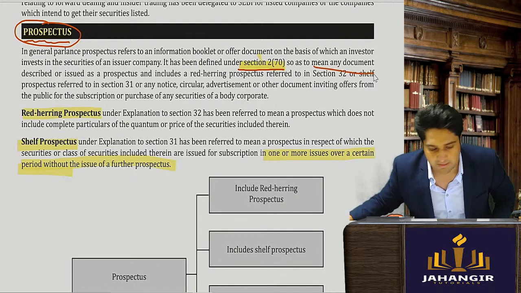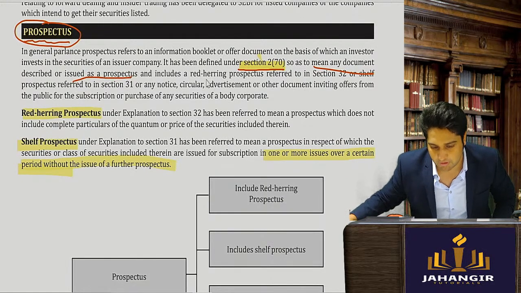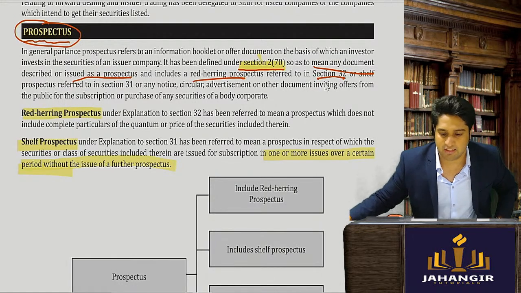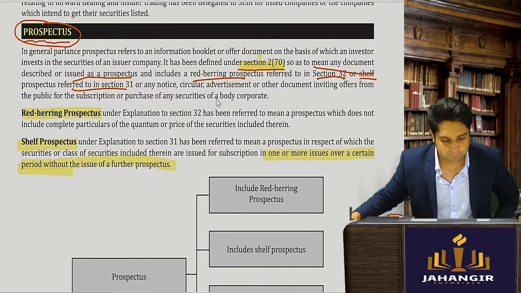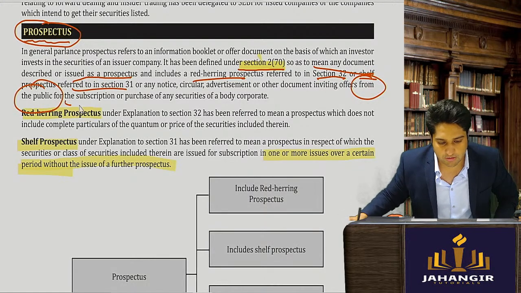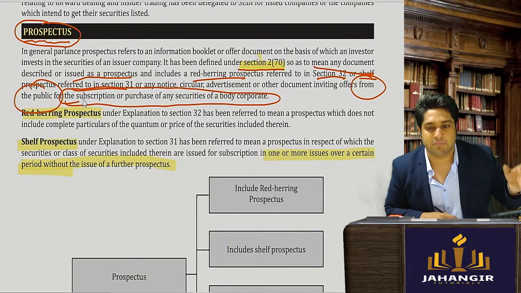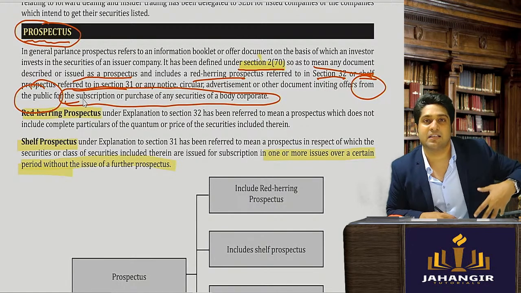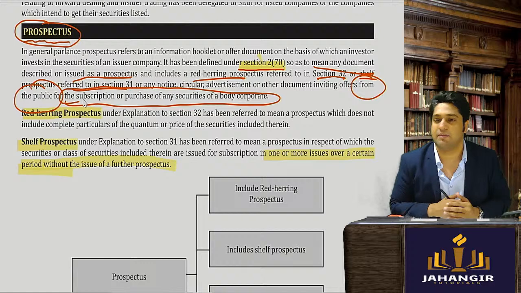So any document which is issued as a prospectus includes red herring prospectus, we will see the type of prospectus under section 32, or a shelf prospectus under 31, from the public for the subscription of securities of the body corporate. So a prospectus is a document which makes an issue to the public, inviting them to subscribe to your securities.